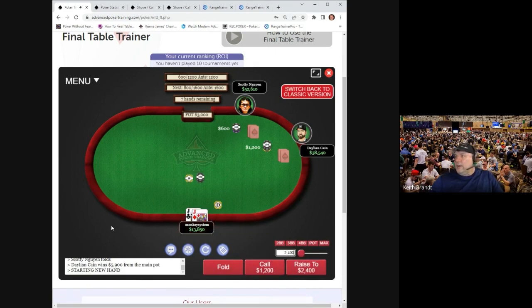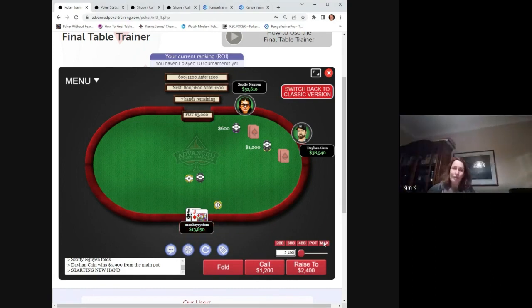Okay, now with only 12 big blinds, there's nothing to do here but jam. Right? Yeah, I suppose. I don't know. I kind of like the flat with the jacks. Deuce, but that's okay. You can jam it.